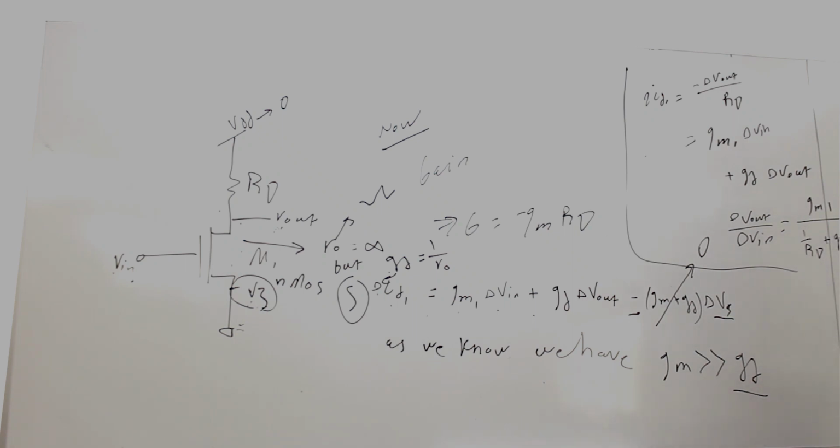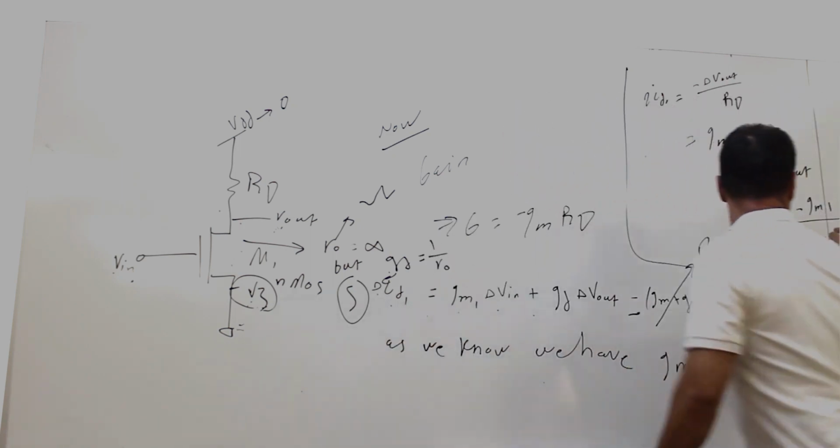Okay? Which is minus GM1 RD approximately. And this is what we call the exact solution.